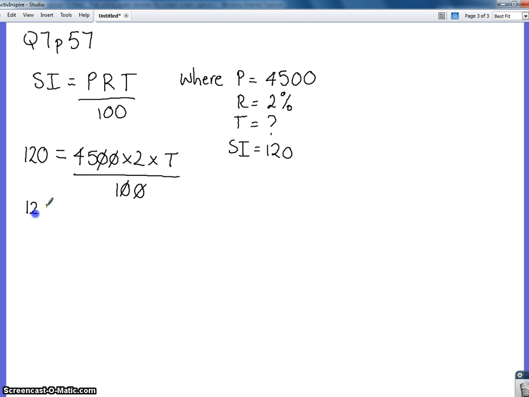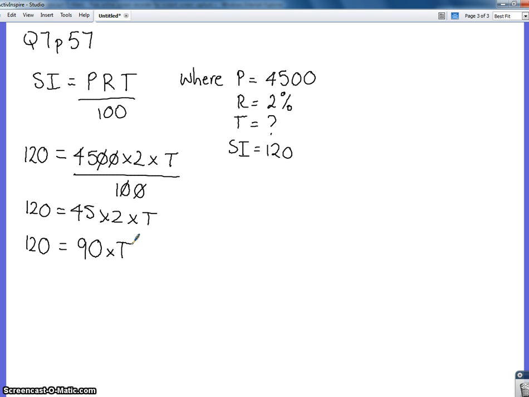Okay? And we're left with a statement which looks like this. See what I did there? Is that okay? Jared? Is that alright? Yep. Can we do this next? We could, couldn't we? So that 120 equals 90 times T. We could do that, couldn't we?